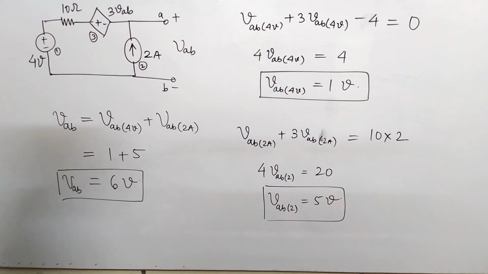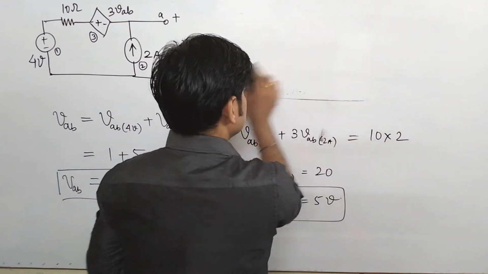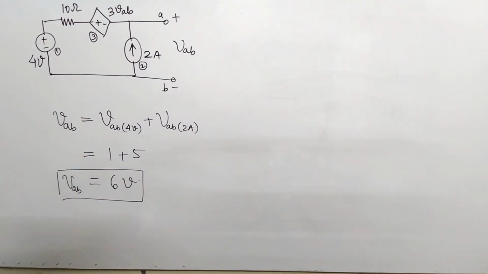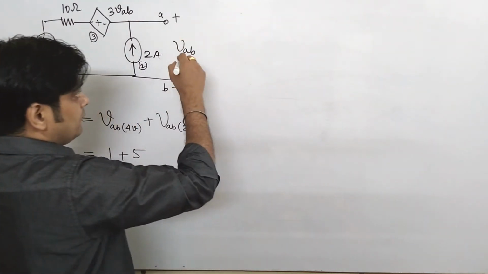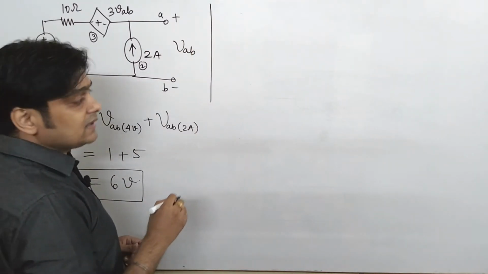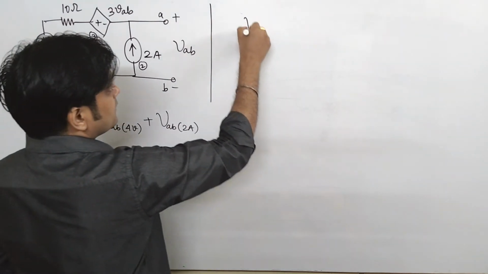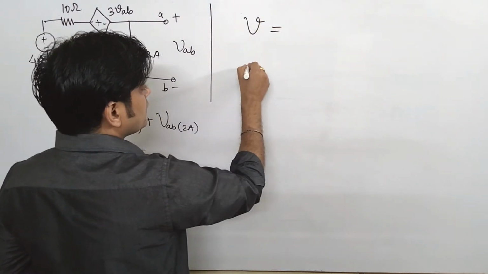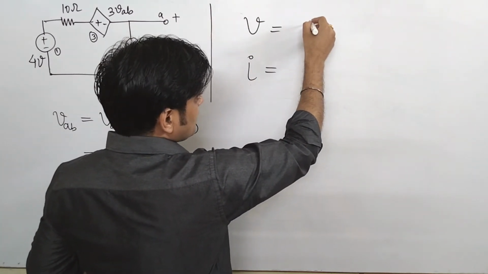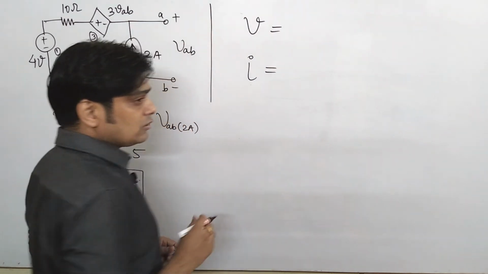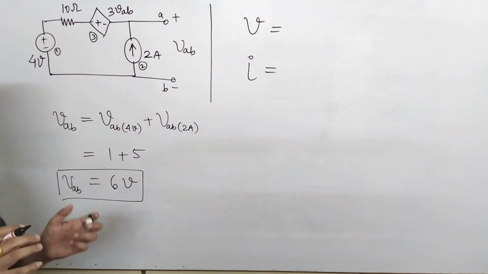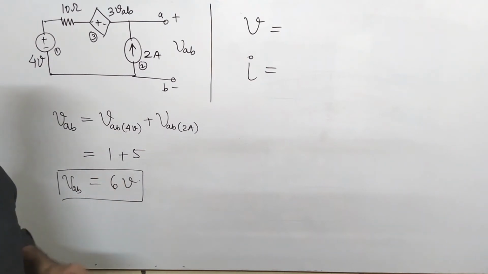From this question, one important thing is that superposition basically states that in any network, if you have to find a voltage V or a current I, then this voltage V is because of the number of current sources or voltage sources present within the network.